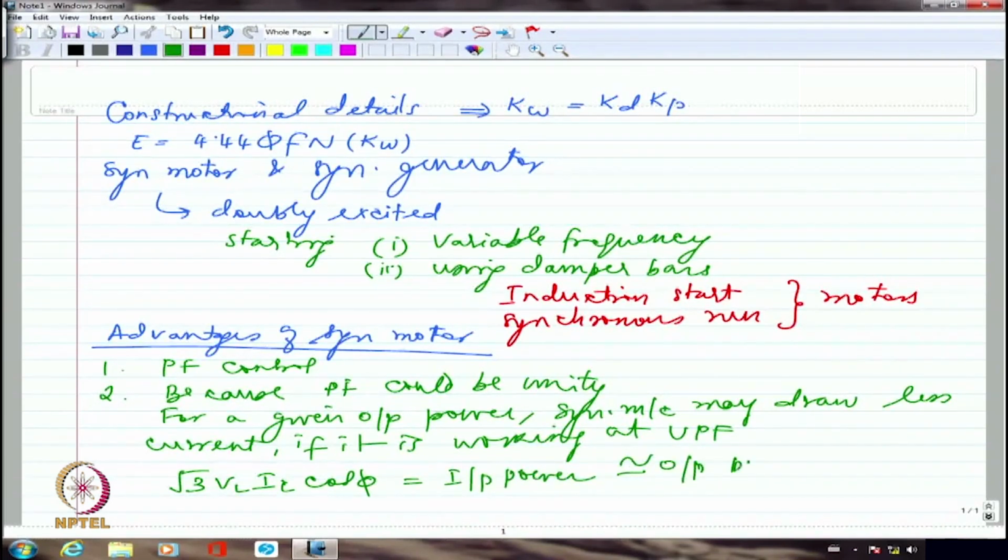In the case of induction machine cos phi has to be 0.8 or 0.85 at the most, whereas in the case of synchronous machine it can be unity power factor, due to which for a given voltage and for a given power IL will be minimum when cos phi is unity.